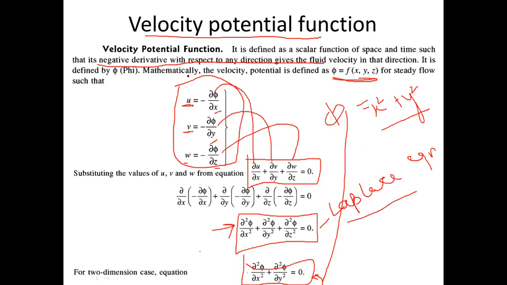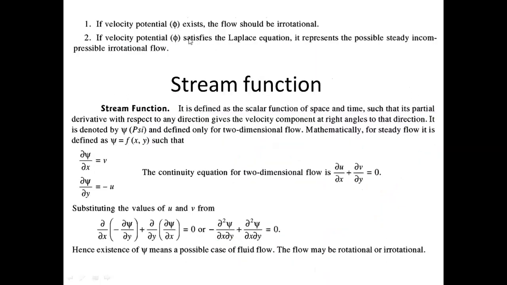If the flow is possible, that means the flow is irrotational, because phi is only possible when the flow is irrotational. Out of this whole discussion, there are two important points you need to understand.